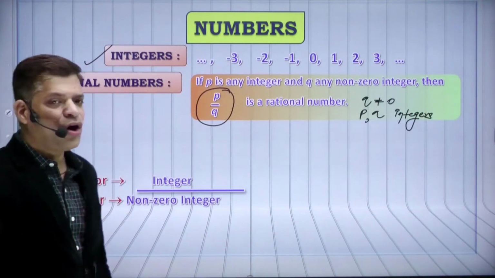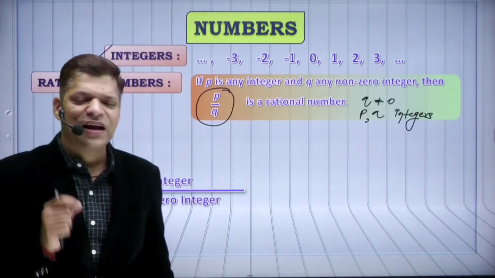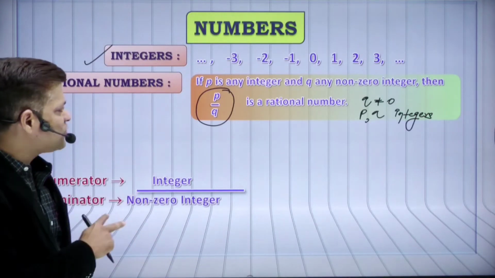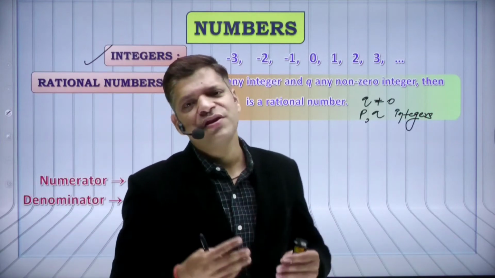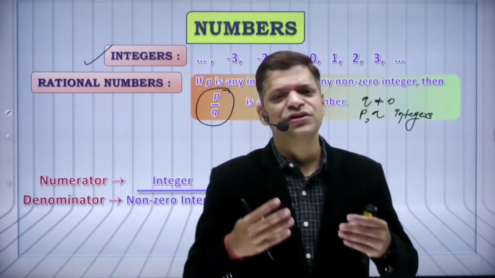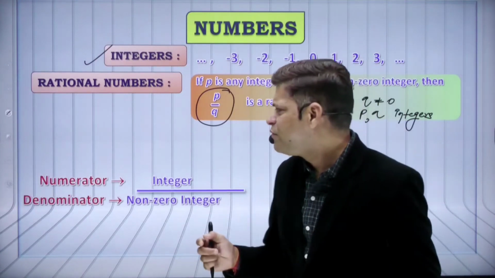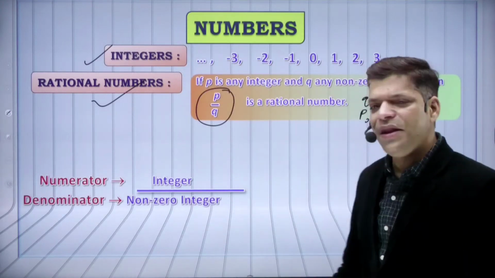This is called rational numbers. So after studying integers, we studied rational numbers. When we take the fractional form of integers with a non-zero integer in the denominator, we get a new kind of number called rational numbers.